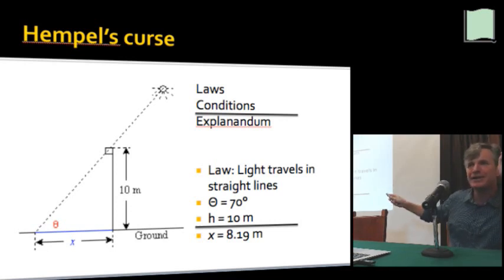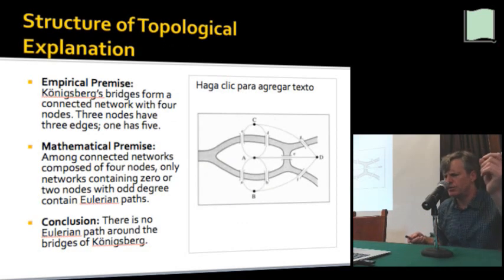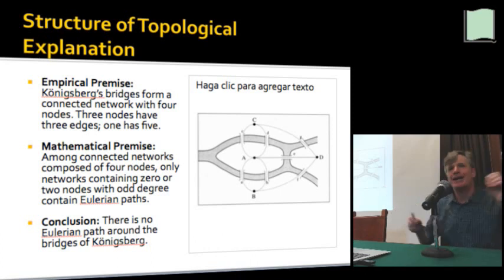And now what I want to suggest is that the Königsberg Bridge case is susceptible of exactly the same sort of counterexample. So suppose that Marta goes to Königsberg, and she walks around and she hits all of the bridges of Königsberg exactly once.